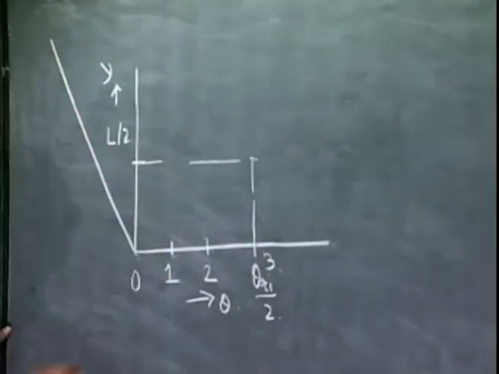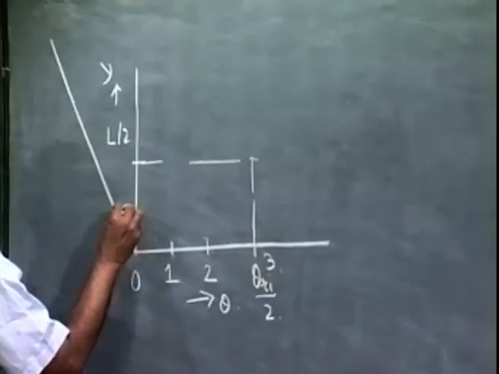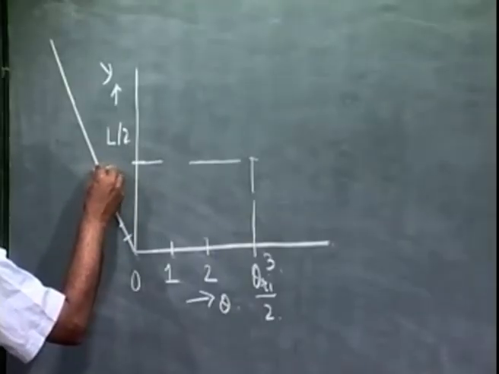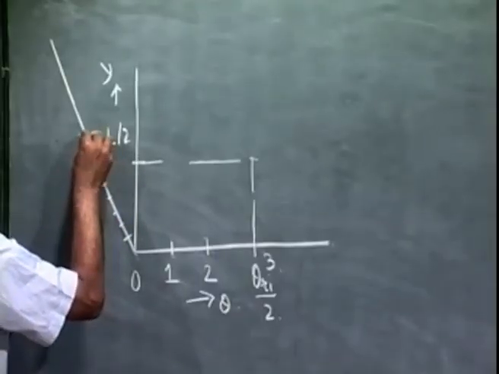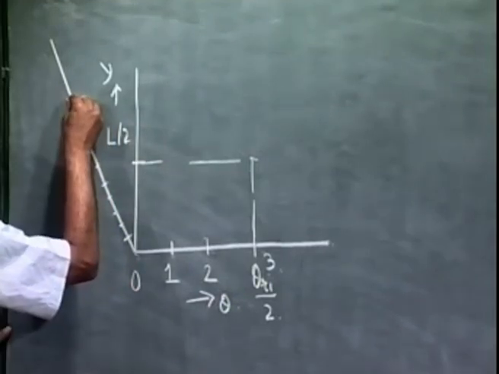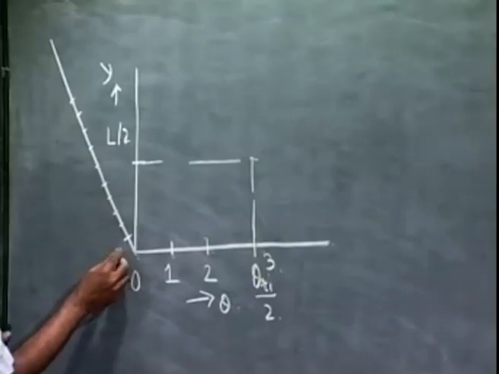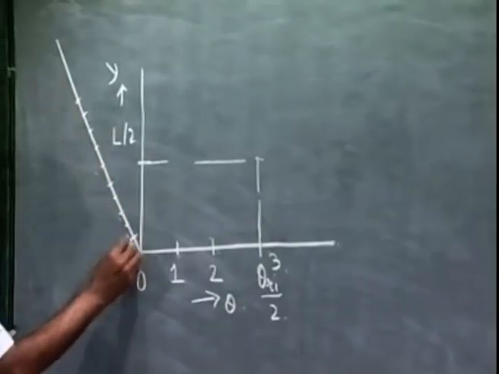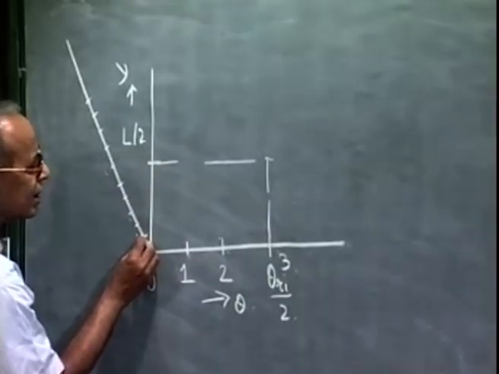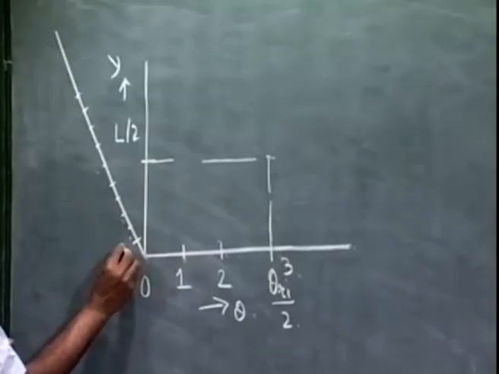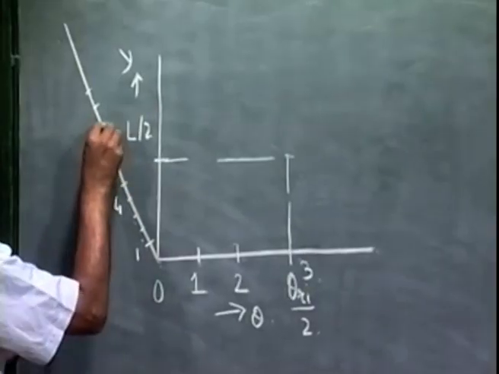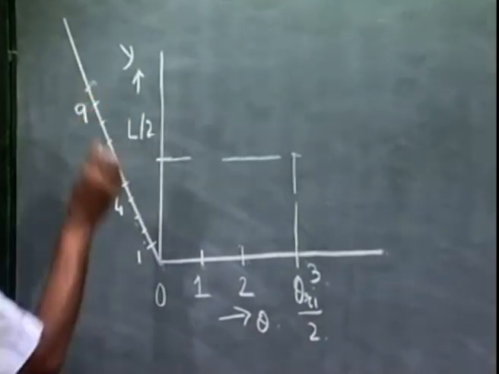So I draw a line through this point and make equal divisions 1, 2, 3, 4, 5, 6, 7, 8, 9. So these are all equal divisions. So I have to divide this in the ratio of 1 is to 4 is to 9. So I draw a line.